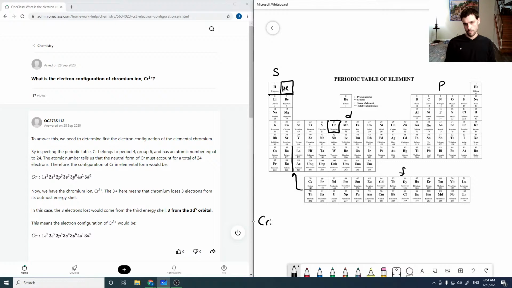So we've got 1s2, 2s2, 2p6, 3s2, 3p6, 4s2, and 3d4.